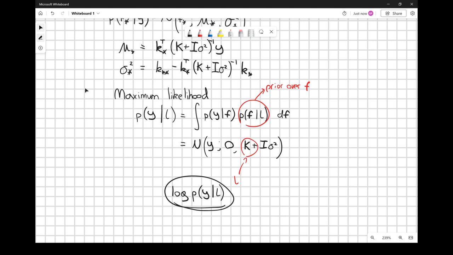Finally, we noted that there are some things you need to tune during this process. In this particular case, we had a length scale in the squared exponential kernel, and typically these are tuned using a maximum likelihood approach, where again, because everything is Gaussian, we end up with a closed form solution for the log likelihood. Note that there can be other parameters here as well. Here we just have a single length scale, but you could also include the noise variance if this is unknown, and any other parameters that you include in the kernel. And so that concludes the introduction to Gaussian process regression.